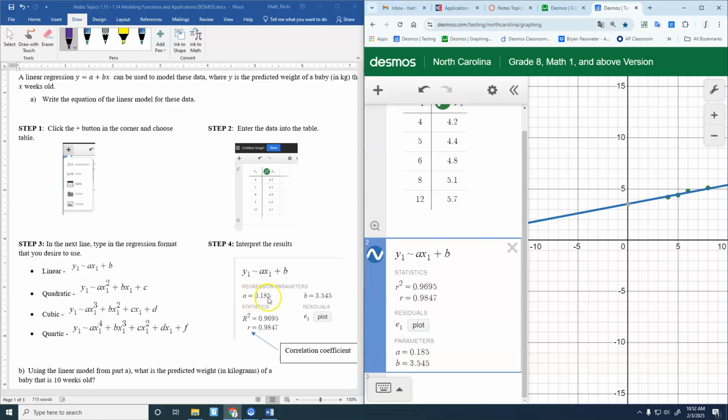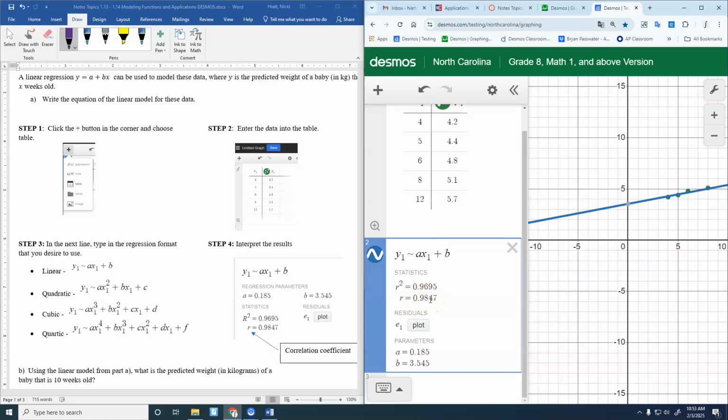Our A is 0.185. Our B is 3.545. Here, these R and R squared values, R is known as your correlation coefficient, and it's telling you how close your graph is. Does anybody remember what number that's going to be if it's perfect?